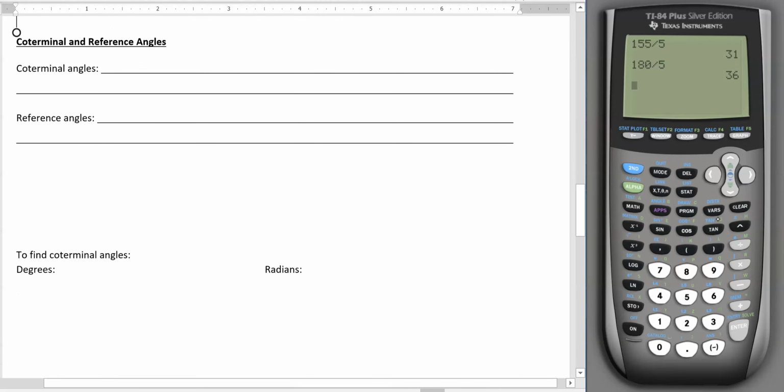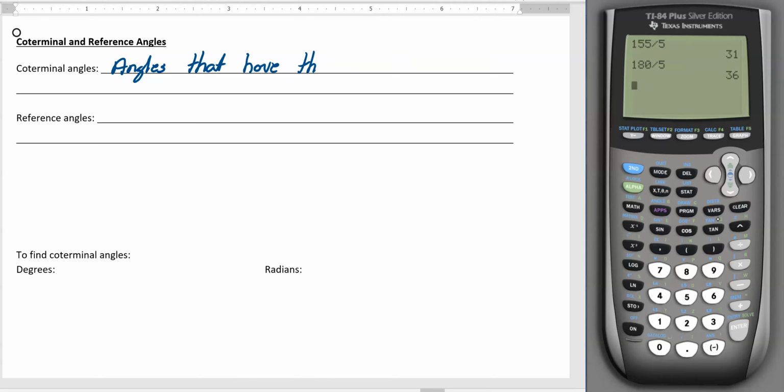Coterminal angles are angles that have the same terminal side in standard position.